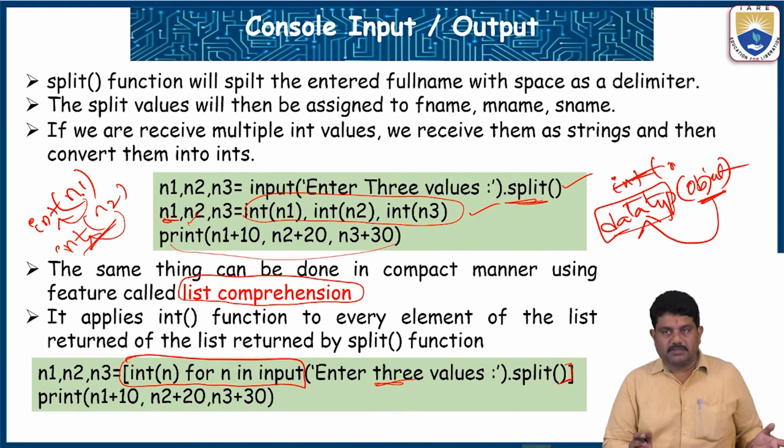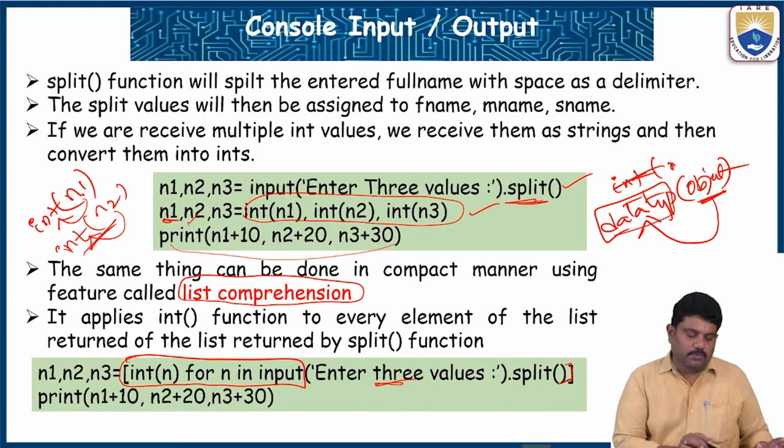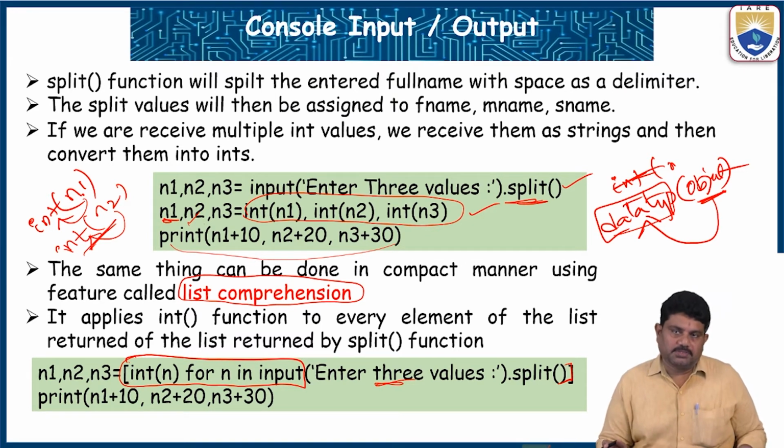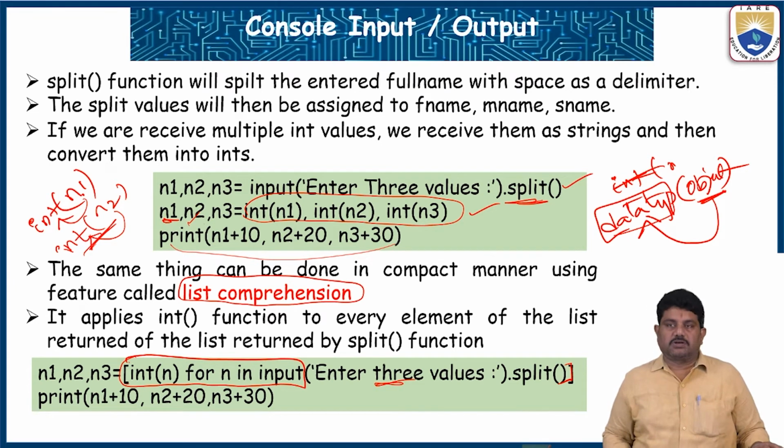So this input returns a string, and each and every value in that list is converted into an integer, and then those values will be assigned to the respective variables, in the same order, and next we can perform any arithmetic operations on those numbers. So that is how we can use the list comprehension.